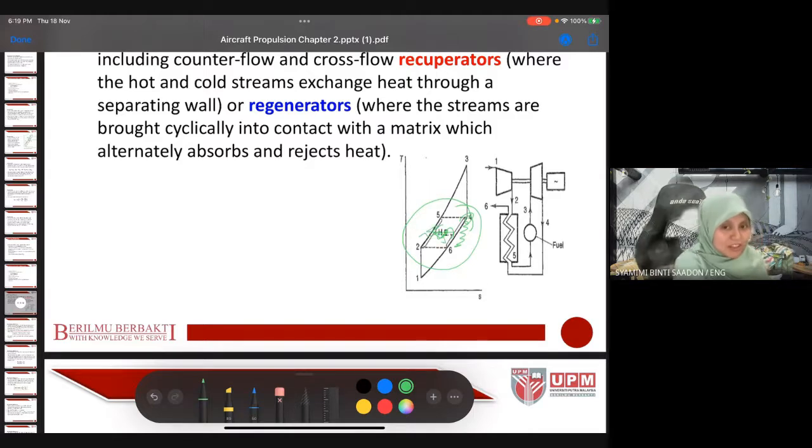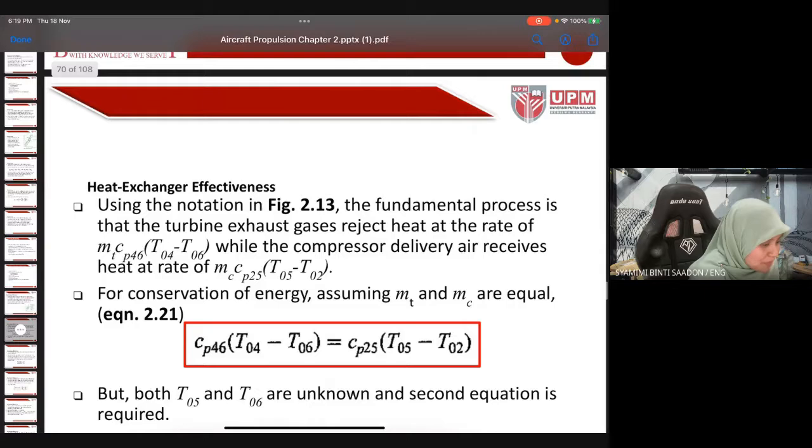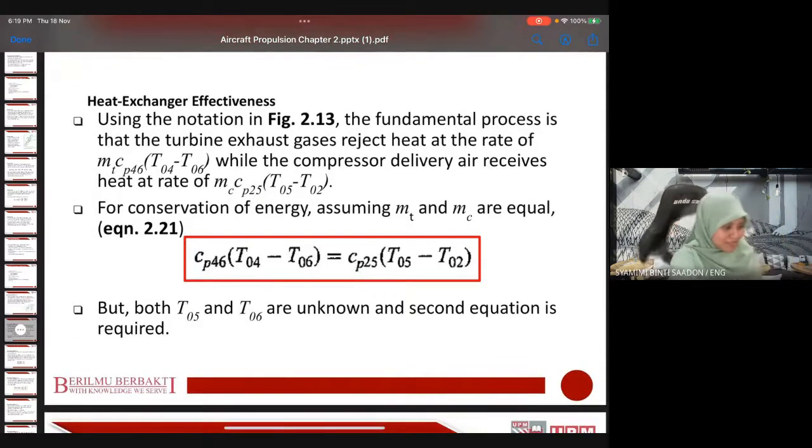the heat to the air after the compressor, 2 to 5. So that is why we have this relation in equation 2.21. Due to the conservation of energy, we assume that all the energy from the hot side 4 to 6 just now will be transferred, exchanged to the cold side to preheat the air after the compressor, 2 to 5.